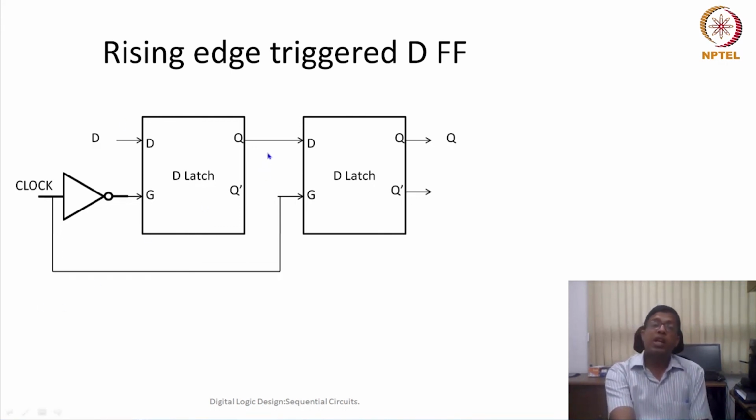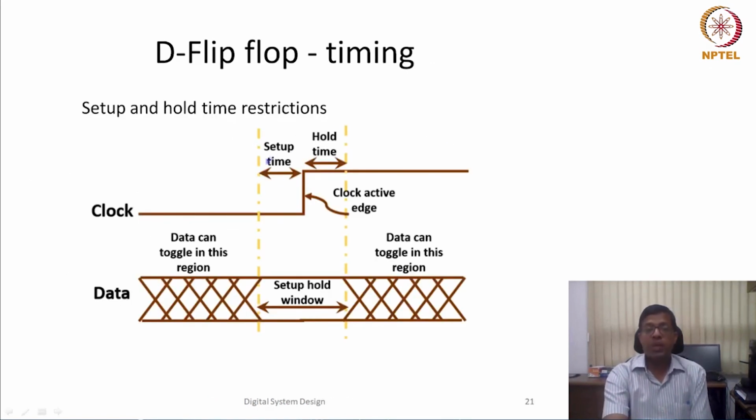Because it was available some time before at the latch, and whenever this particular gated input becomes 1, only then this can transfer to the Q. So essentially there has to be some setup time involved, and during this window my input should not change, to make sure that the output is correct. This is one restriction, on the setup time and hold time.